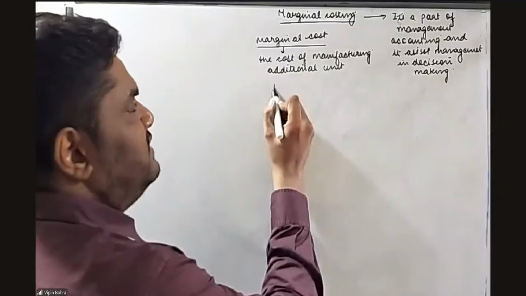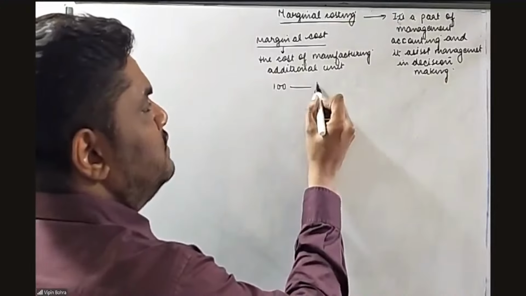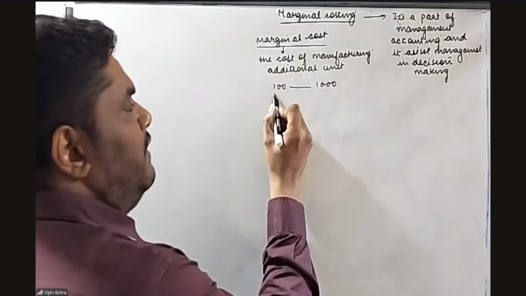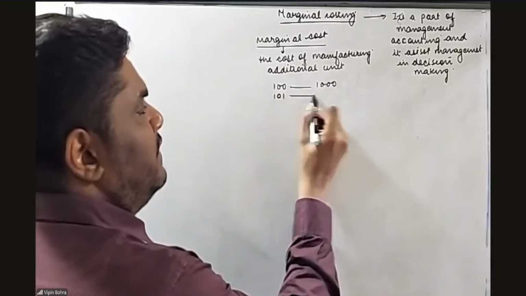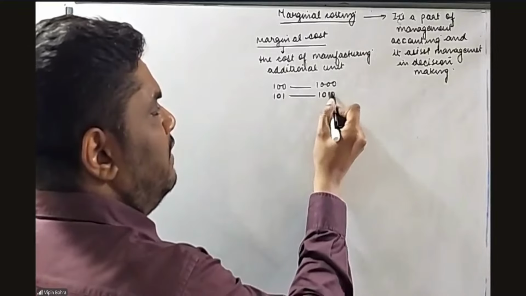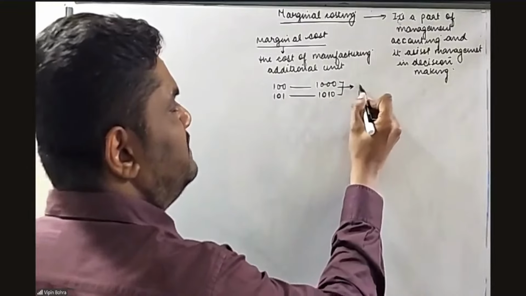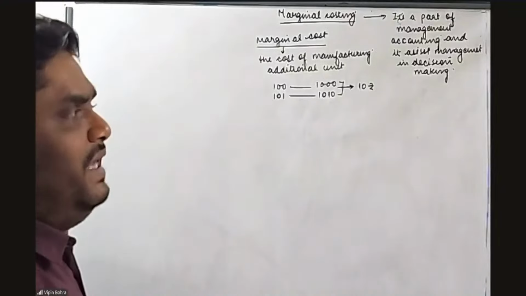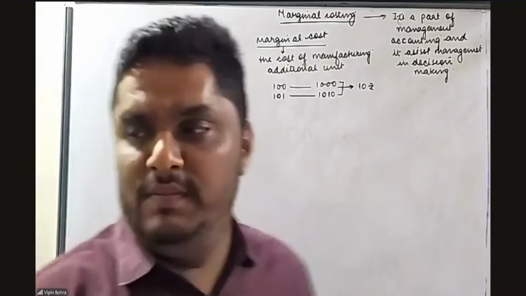Let's say I'm manufacturing 100 units and the cost is 1000. If the cost for manufacturing one more unit is 1010, then here rupees 10 is my marginal cost.